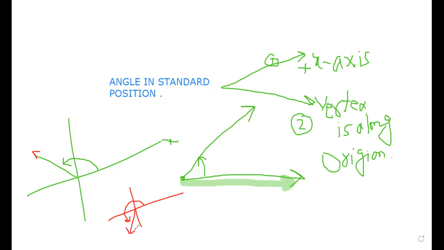So these are the two properties of an angle in standard position. First, it is always from the positive x-axis. Second, this angle is always from the origin. This is the origin, and the coordinates of the origin are 0 and 0. So this is called our angle in standard position.